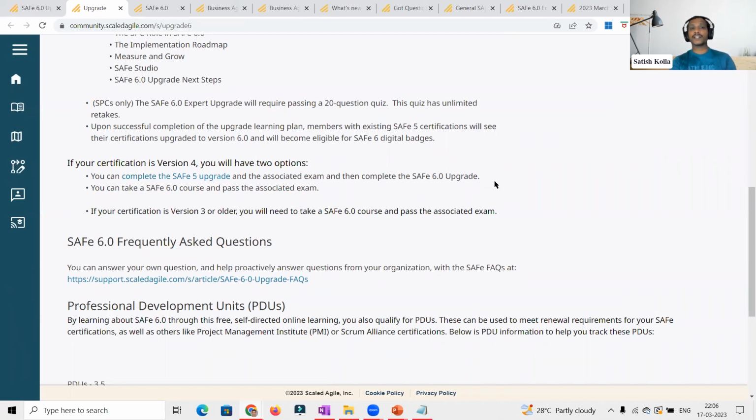But if you're already version 5, you can go through it and do the upgrade. If you are version 3 or older, there is no direct way. You need to attend a version 6 course and take the exam. There is some additional information and FAQs provided as well. We will share the links so that you can get it clarified.